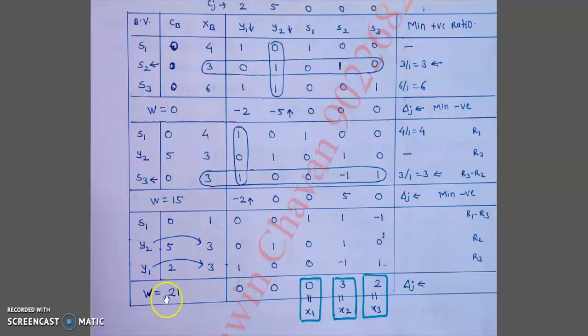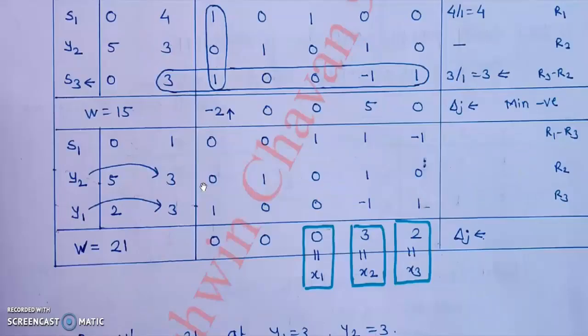I repeat, W max is equal to 21 at y1 equal to 3 and y2 equal to 3 is the solution for the dual. But we are solving our primal, that is the given LPP, which was in Z. That's why those answers are coming here. I repeat, the S1, S2 and S3 columns are the last 3 columns. The value under the S1 column is the value of x1, the value under the S2 column is the value of x2, and the value under the S3 column is the value of x3.